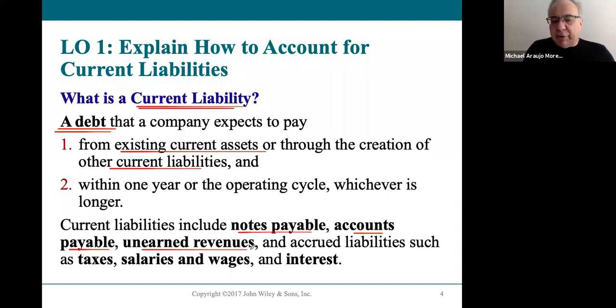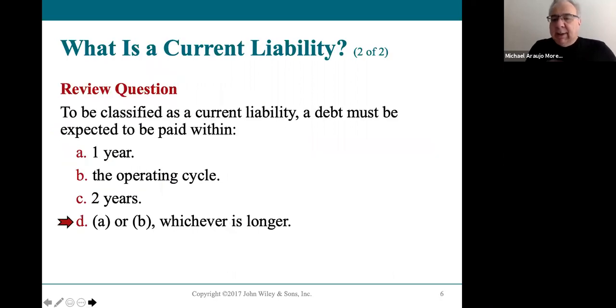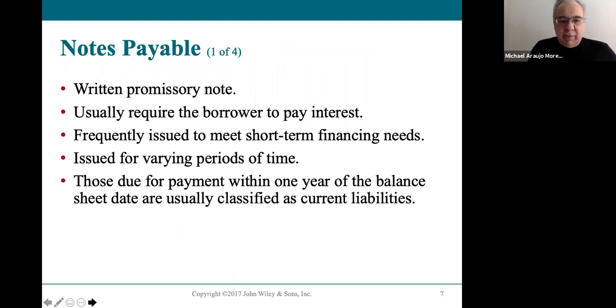Unearned revenues are also very common. And some of those accrued liabilities that we talked about in the adjustment process, like salaries and wages payable, interest payable, things like that. So we will be expanding our view of this. First, a quick review of notes payable.